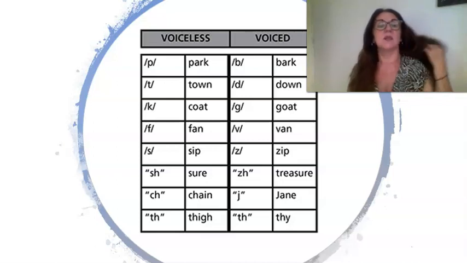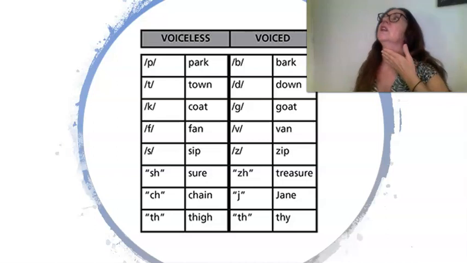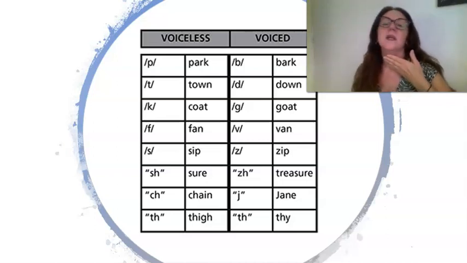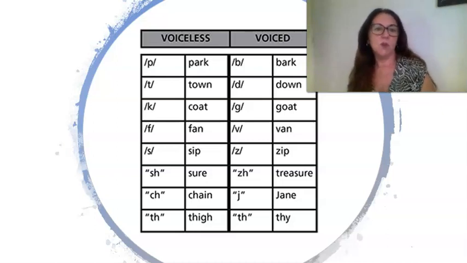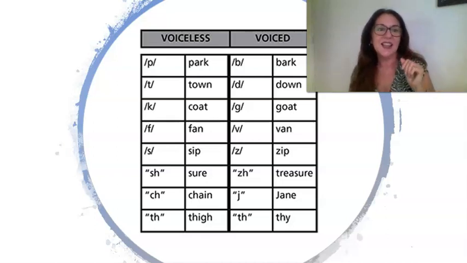And we can check that because if we put our fingers gently on our throat here, okay, and I say P, we feel no movement. However, when we pronounce B, B, we can feel the movement, the vibration of the vocal cords.